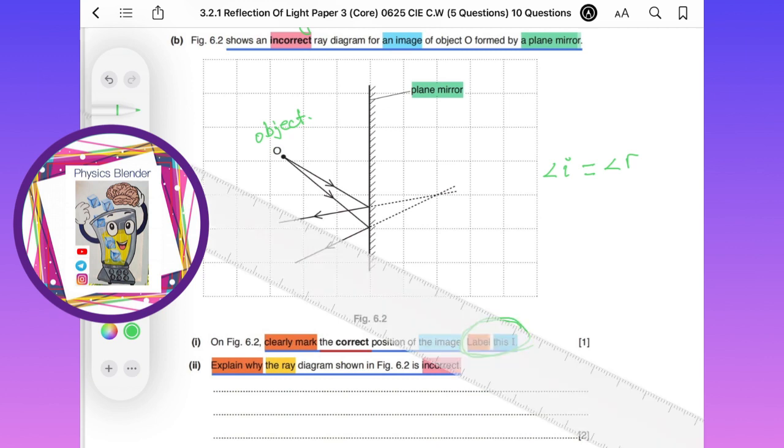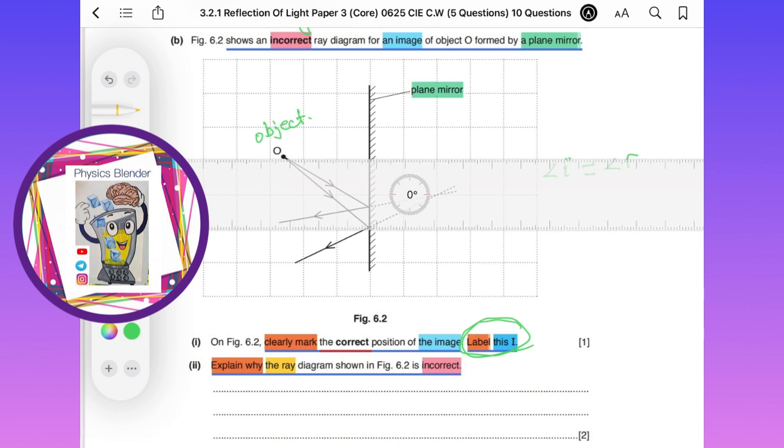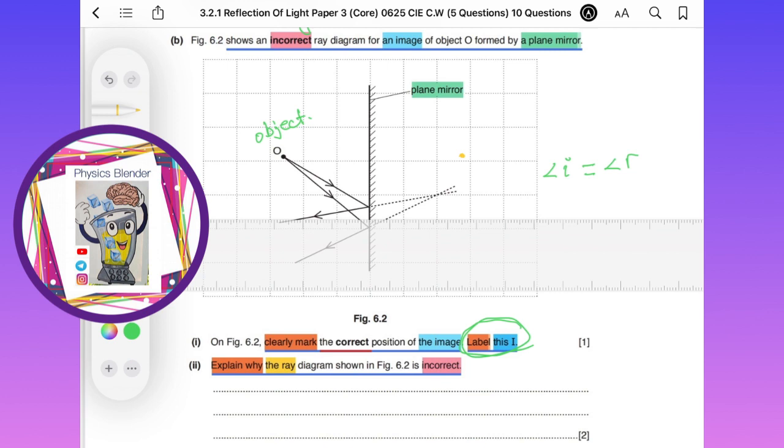Okay, using your ruler, at equal distance behind the mirror, you have to draw, so this will be the location of the image, I. So as you see now, these are reflected rays.